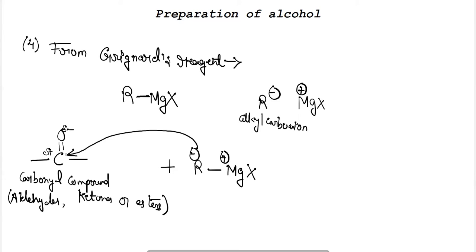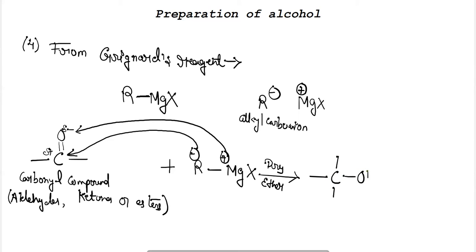And the positive part of the MgX will be attracted towards the negative part of this carbonyl compound, and in the presence of dry ether they will form an addition compound.